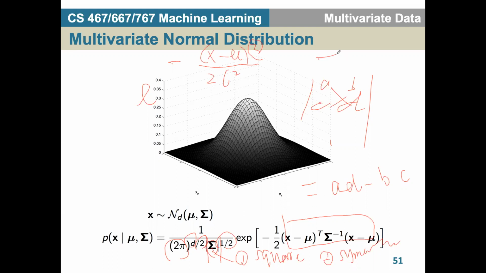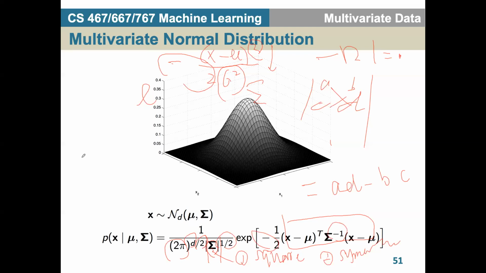As we said, 1 row times a square matrix times a column is 1 by 1, which is this one, okay? And this negative 1 by 2 is this negative 1 by 2. The only difference is that now the variance is replaced by the covariance matrix, but it's at the bottom. So in the scalar case, what is at the bottom becomes in the high dimensional case the inverse of the matrix, okay?